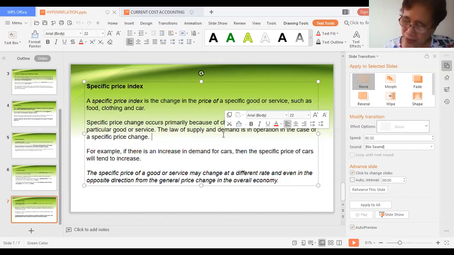For expenses, historical 2 million, for fraction 360 over 250. So we now get the restated of 2,880,000. For the depreciation, 2 million, it's now 360, and we divide it by 125.